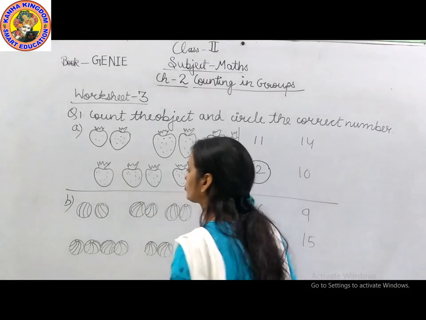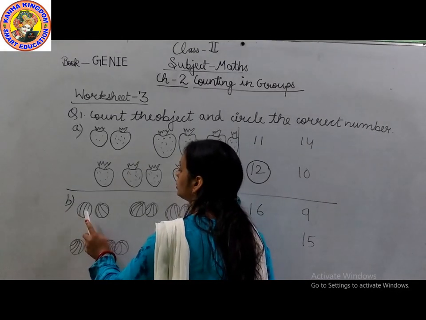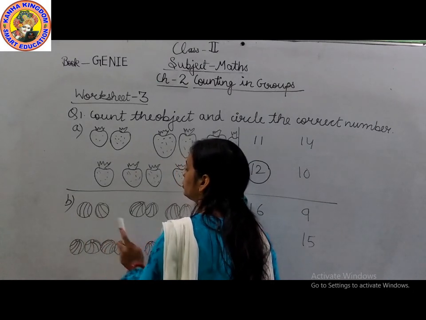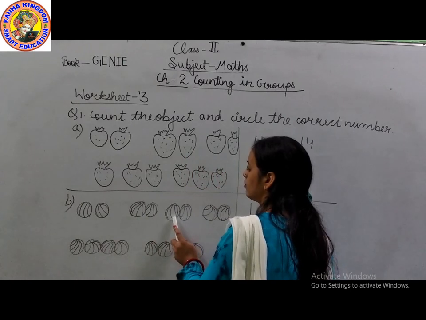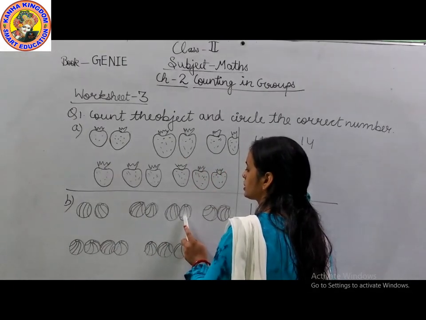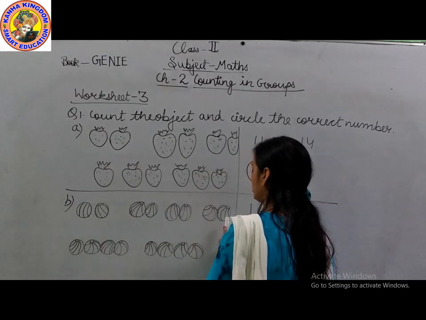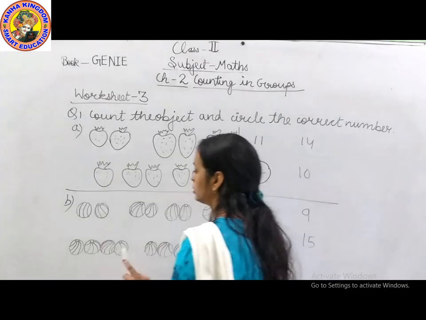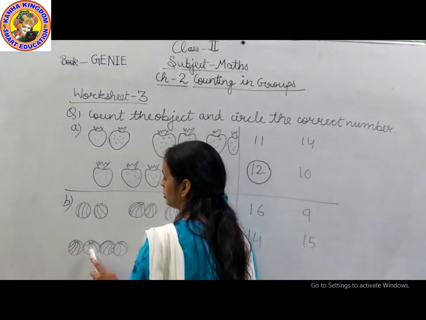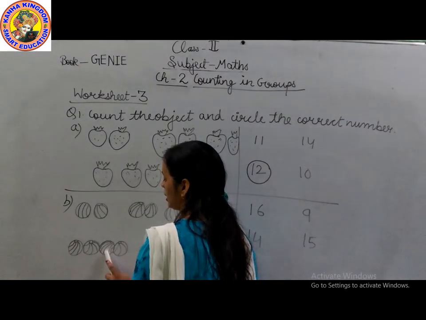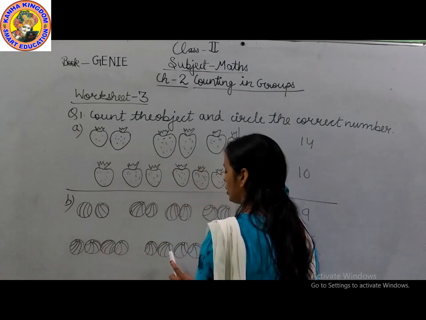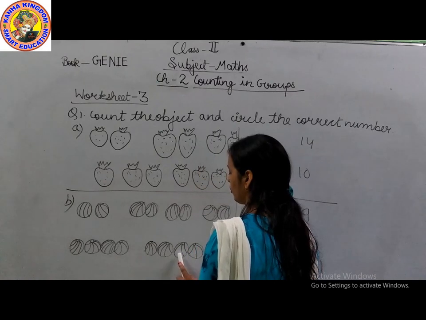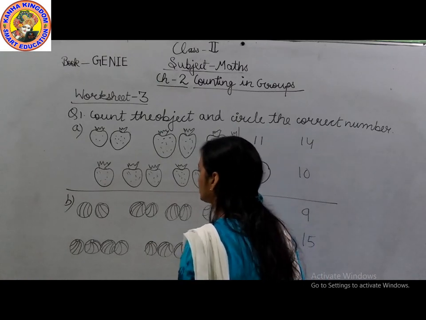Count again. 1, 2, 3, 4, 5, 6, 7, 8, 9, 10, 11, 12, 13, 14, 15 and 16.